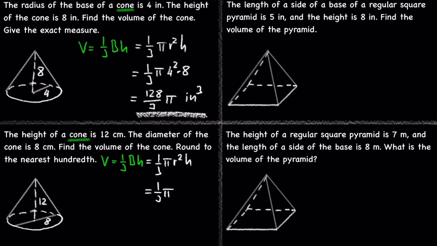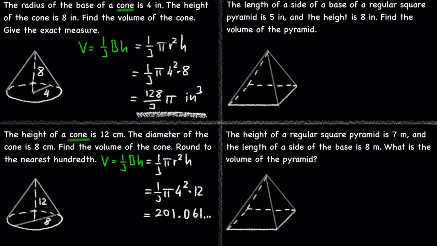The diameter is 8, so the radius is 4, and the height is 12. 4 times 4 is 16, times 12 is 192, divided by 3 is 64, times pi is 201.061, and so on.